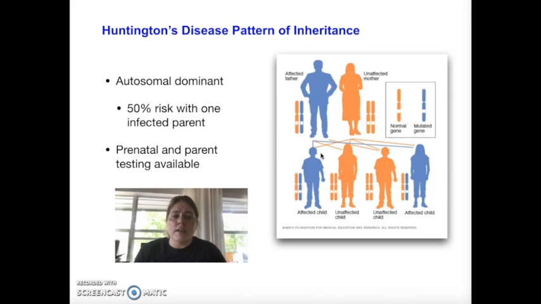We also want to talk a little bit about testing available. There is testing for parents, especially since the chance of someone with Huntington's disease passing on that trait is 50% per offspring. It is something that people want to take into consideration.